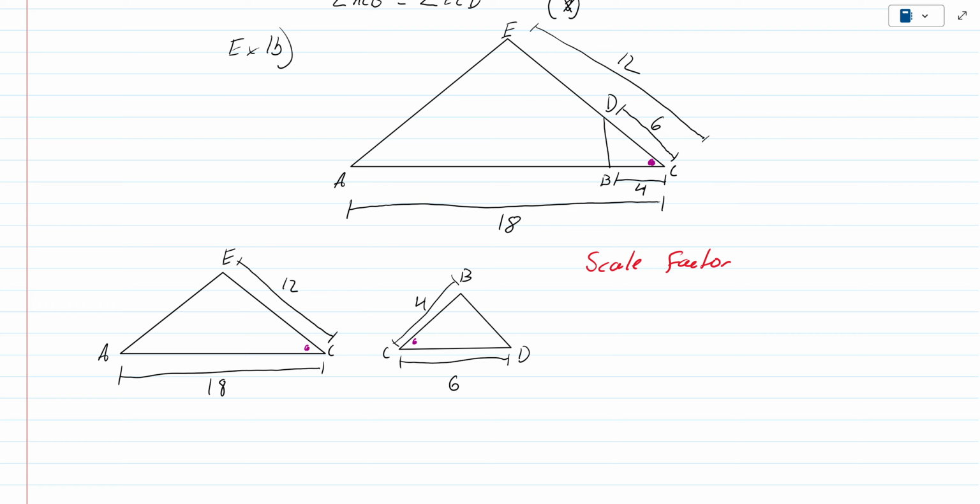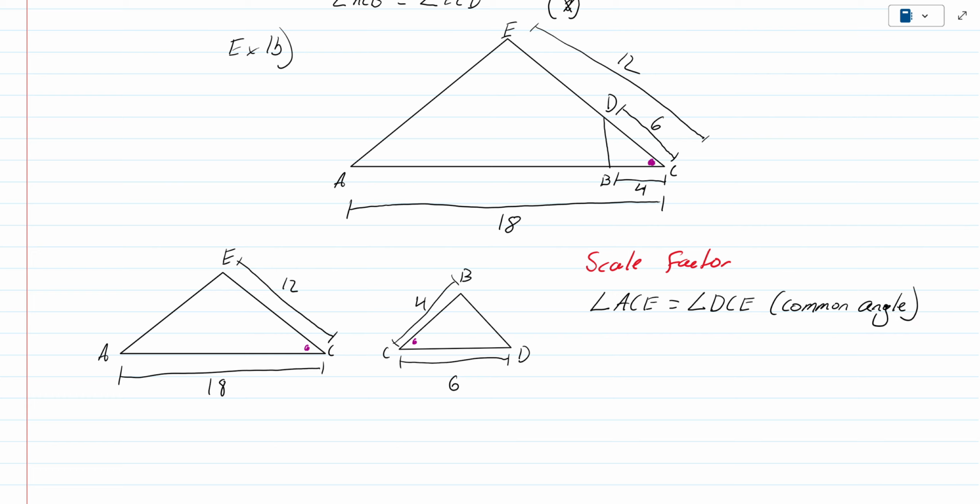So that's going to be my first proof that I put down. Angle ACE is equal to angle DCB because it's a common angle or a shared angle.